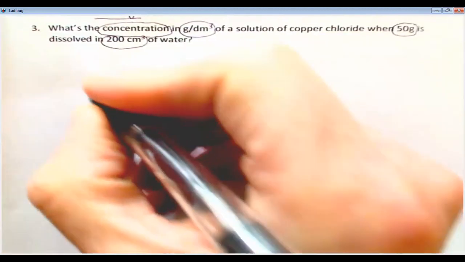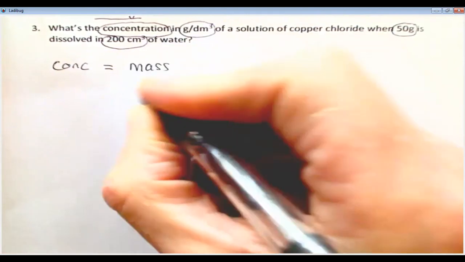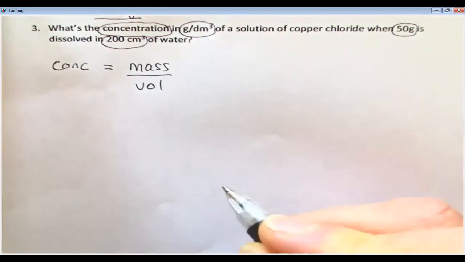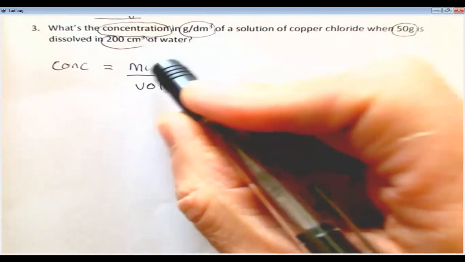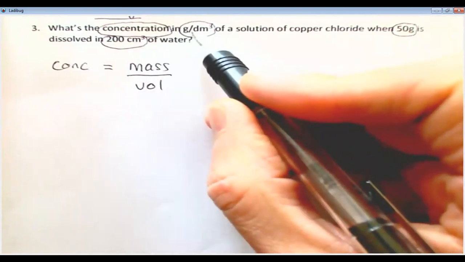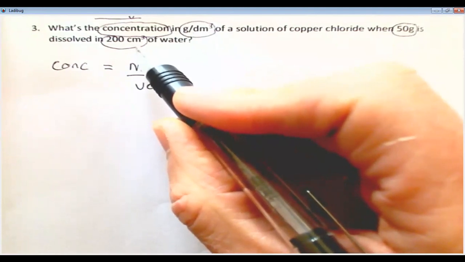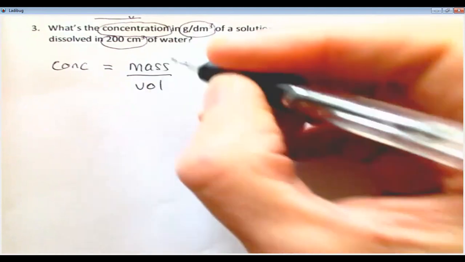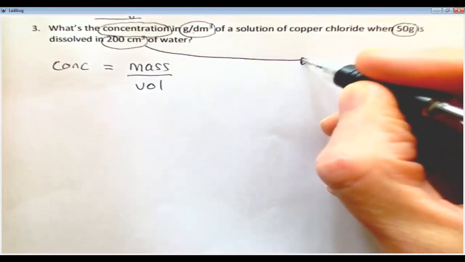Now, I am going to write the equation down because I know the equation. Conc equals mass divided by volume. I've got a little warning signal here, and the warning signal is the two things I've circled just here. It says grams per decimeter cubed, but the volume is in centimeters cubed. So what first I'm going to do is convert this to decimeters cubed.